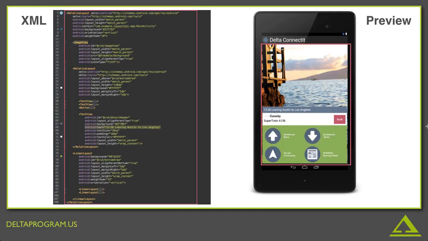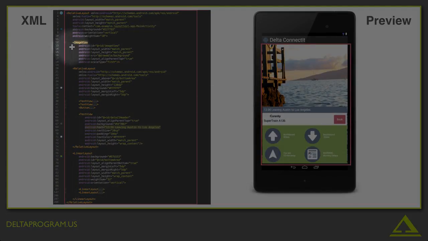Now, moving from the outermost layout to one level in, how many blocks are nested one level deep in this relative layout? The answer is 3. Again, you're going to want to use the indentation to help you.